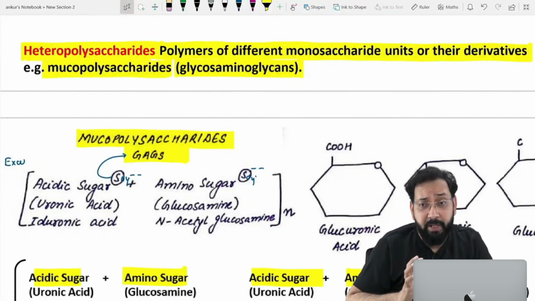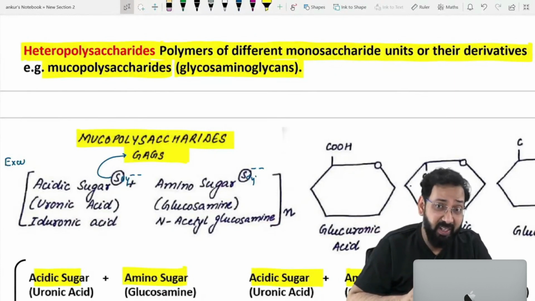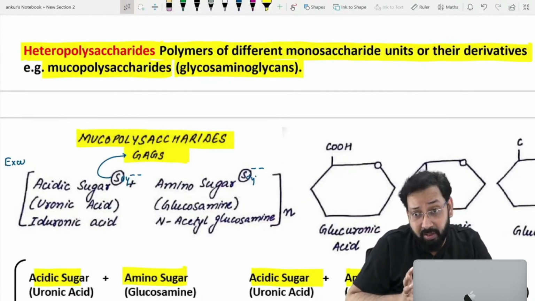We found that in our body there were 6 compounds: chondroitin sulfate, dermatan sulfate, heparan sulfate, heparin, hyaluronic acid, and keratan sulfate.